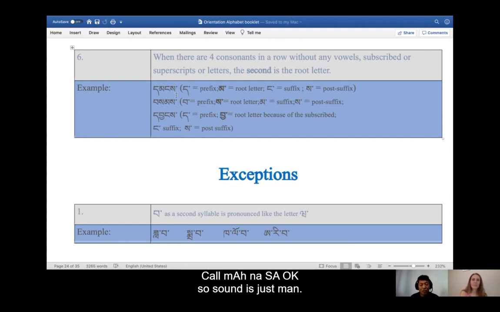Okay, so the sound is just mang, because of prefix ta. And then we have next pa, sa, ma, sa, sam. Okay, so this becomes sam.